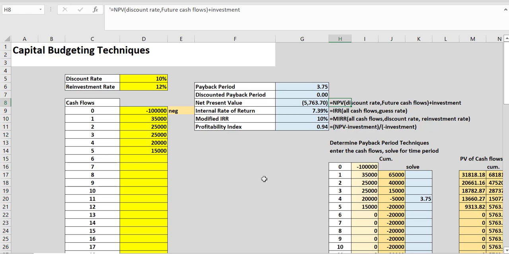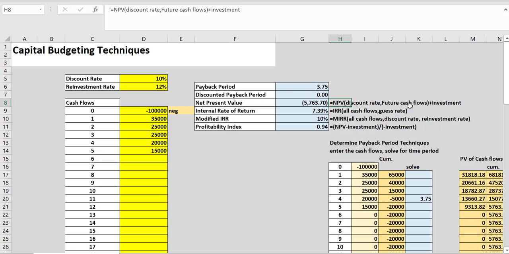Now, one thing you need to recognize is that in Excel, they have a formula called NPV. But NPV in Excel is not the technique. So if you notice here, we have net present value is the present value of the cash flows from 1 to whatever.